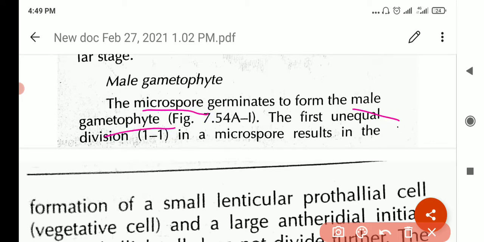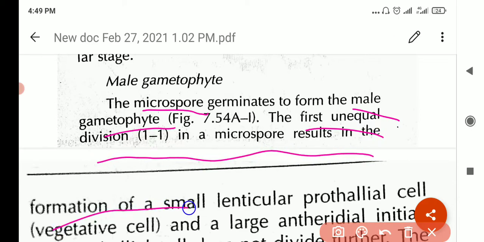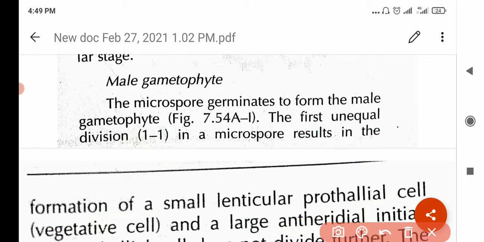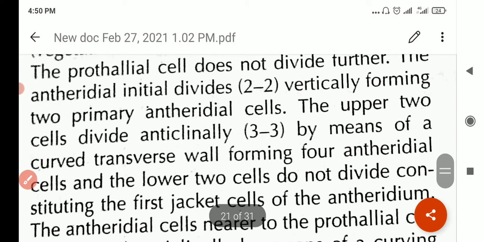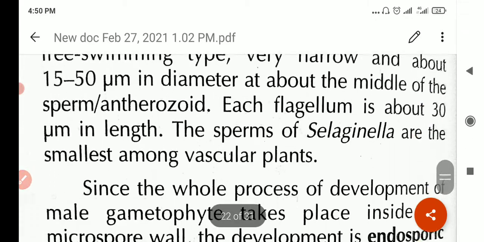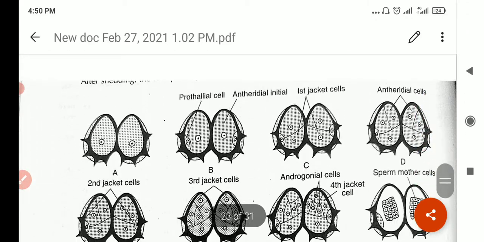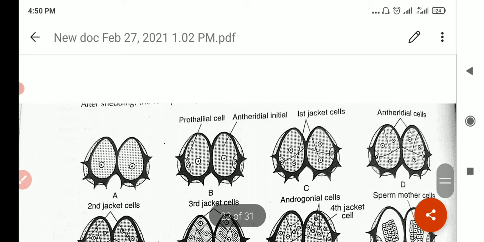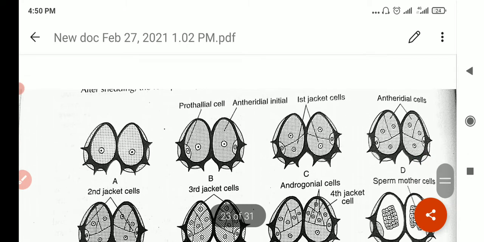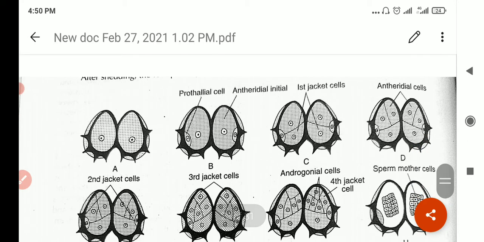The first unequal division in the microspore results in the formation of a small lenticular prothallial cell and a large antheridial initial. Seeing from the diagram, after being shed, they divide.